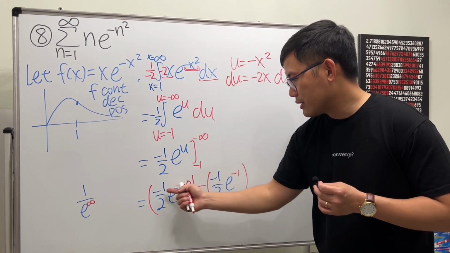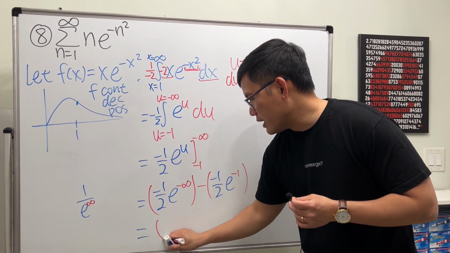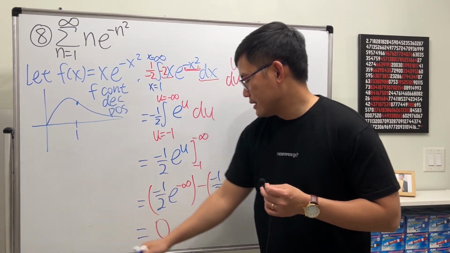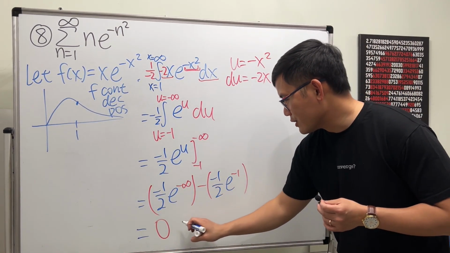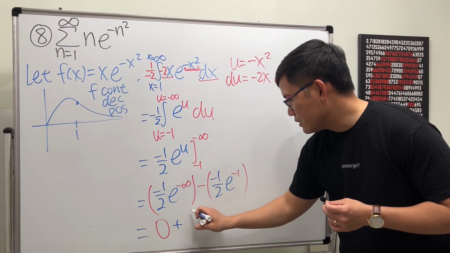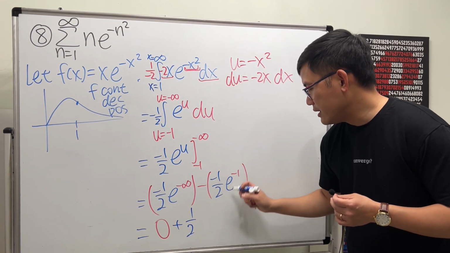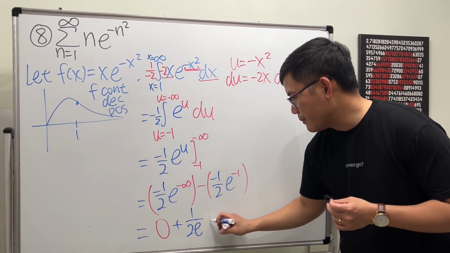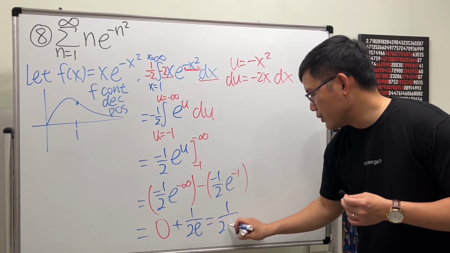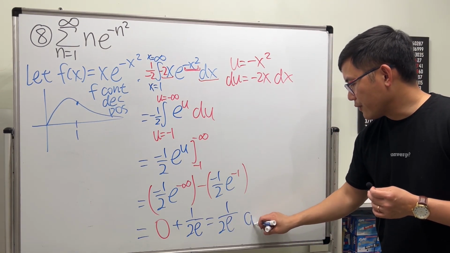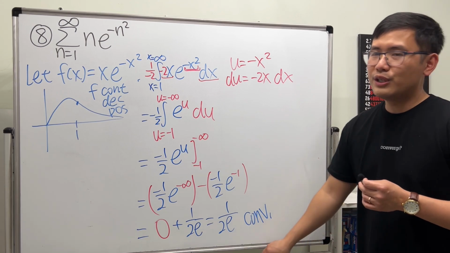So that's 0 times that. Of course, we get 0. And then this right here is finite. It's just going to be plus 1/2 e to the negative 1, which is just 1 over 2e. And of course, that's finite, so it converges.